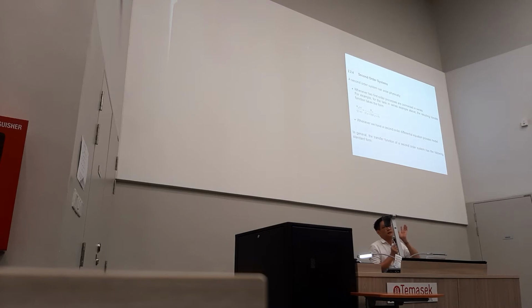After we complete the first order and the second order systems, these are all the mathematical models related to process dynamics. Once we complete the second order system, we will learn about the controller. The next section is about the controller. I will talk about that later, but just bear in mind, now we are reaching the end of process dynamics.